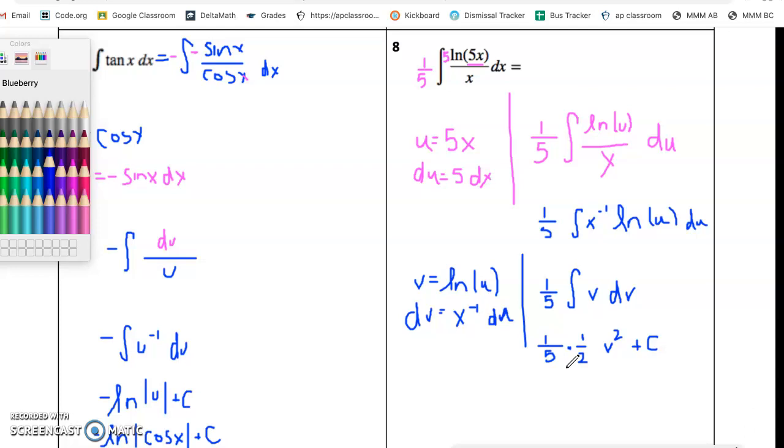Now, from there, this will be 1 over 10.